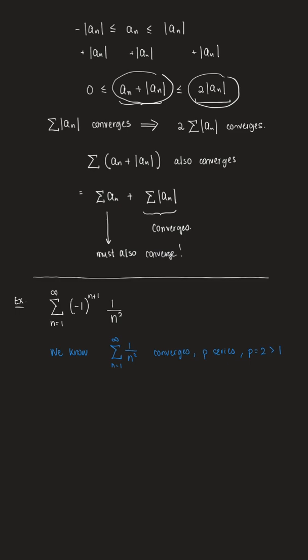So the series in absolute value converges, since the absolute value of negative 1 to the n plus 1 times 1 over n squared is the same as the series 1 over n squared. And so since the series in absolute value converges, our given alternating series also converges. Alternating means terms go positive and negative.